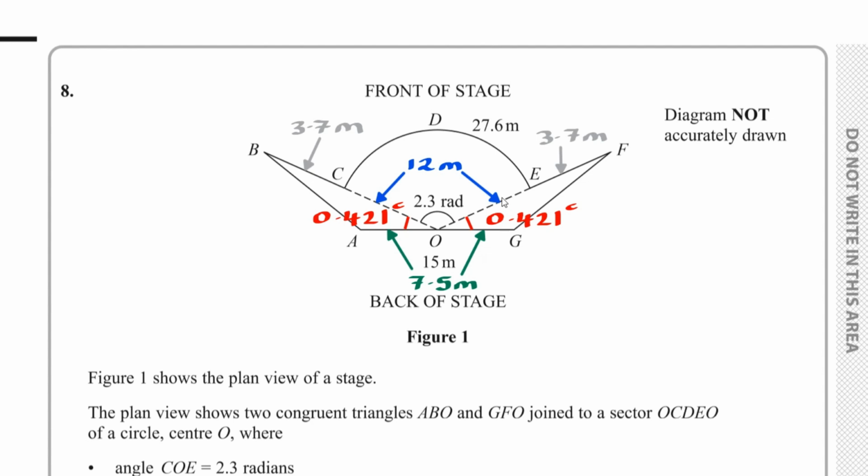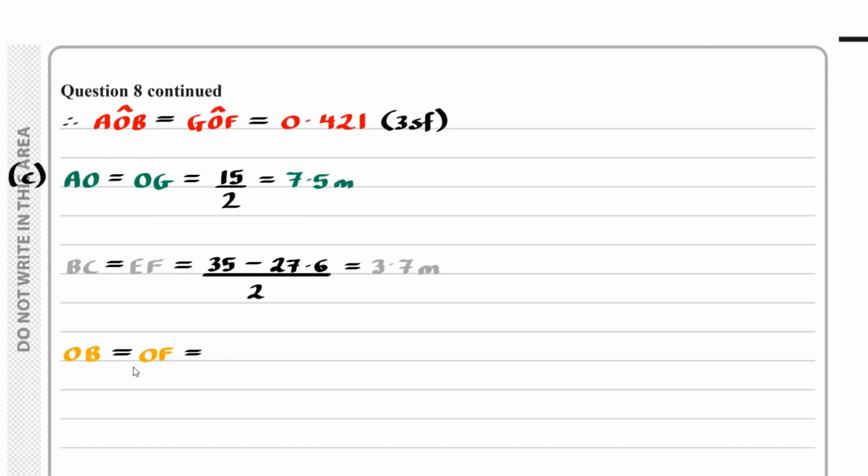So we have 3.7 for BC and 3.7 for EF. Therefore, OB and OF, which are the same, will be the sum of the 12 and the 3.7. So OB equals OF, which is equal to the 3.7 plus the 12, which is 15.7.